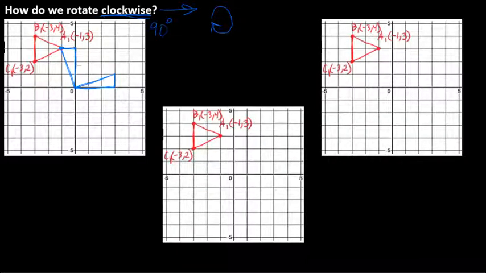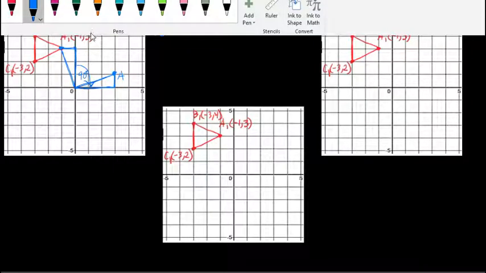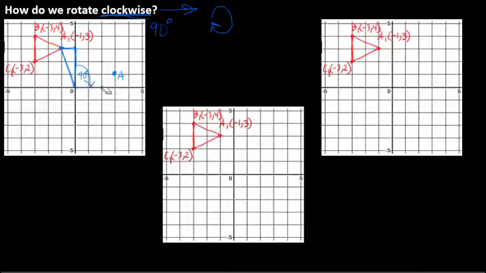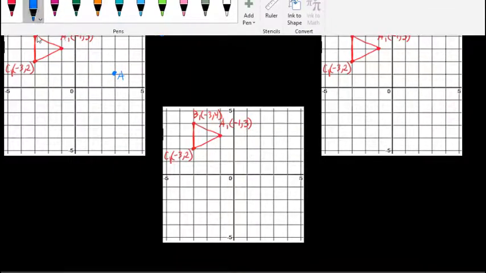There we go. So my new vertex A is here, and I would follow suit with all my other vertices. So I'm going to erase, and then do it again.